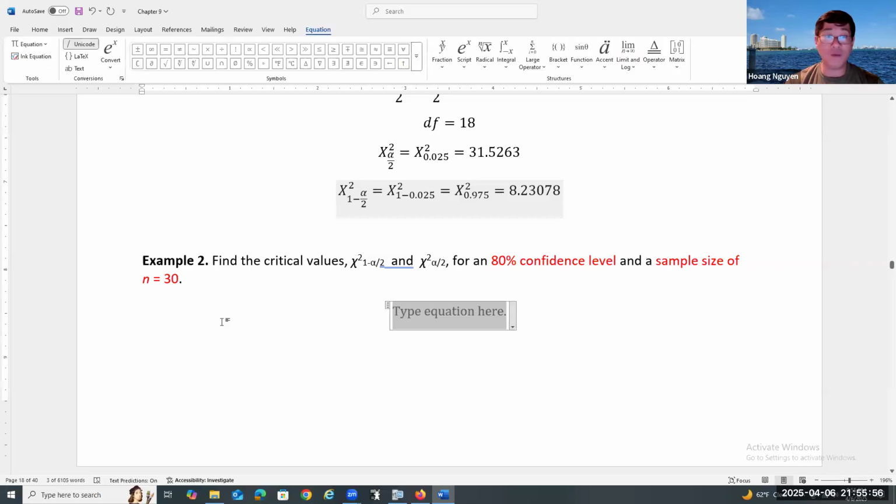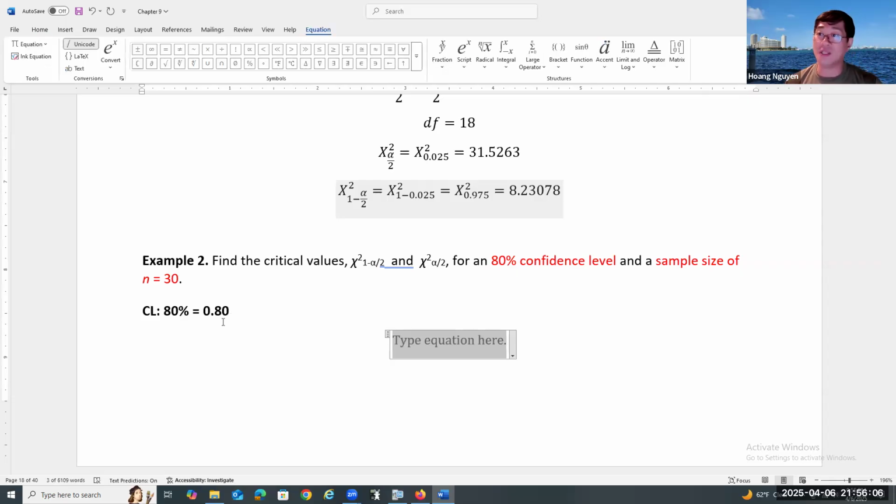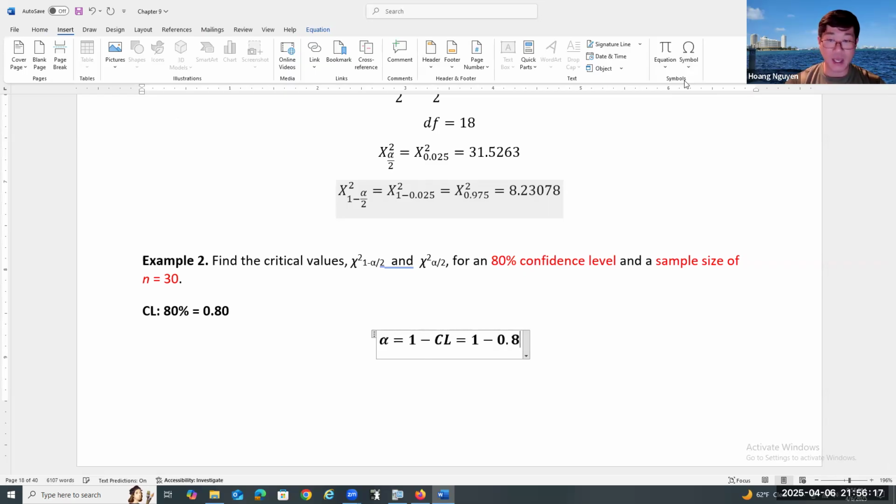The calculation will be similar. We base it on the confidence level, which is 80%, or 0.80. After we know that, we find the value of alpha. Alpha is equal to 1 minus the confidence level, 1 minus 0.80, which is 0.20.